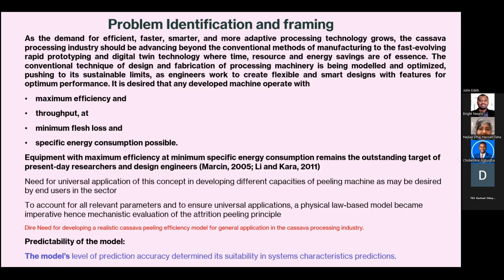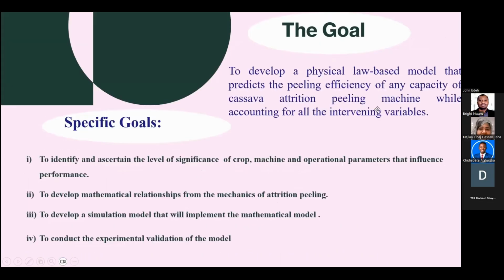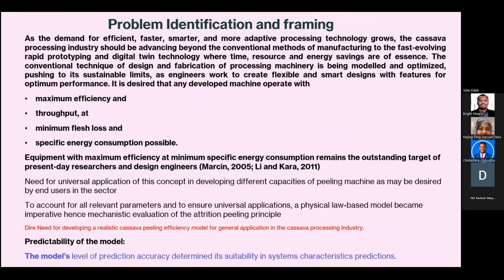So it is the same way we felt that there are things we need to know about this peeling technology and peeling mechanisms, which we can document and test and make sure that if anybody replicates this, you will be able to have that. So the problem identification that prompted this research: it is desired that any developed machine should operate with maximum efficiency, throughput, minimum flesh loss, and the lowest possible specific energy consumption.